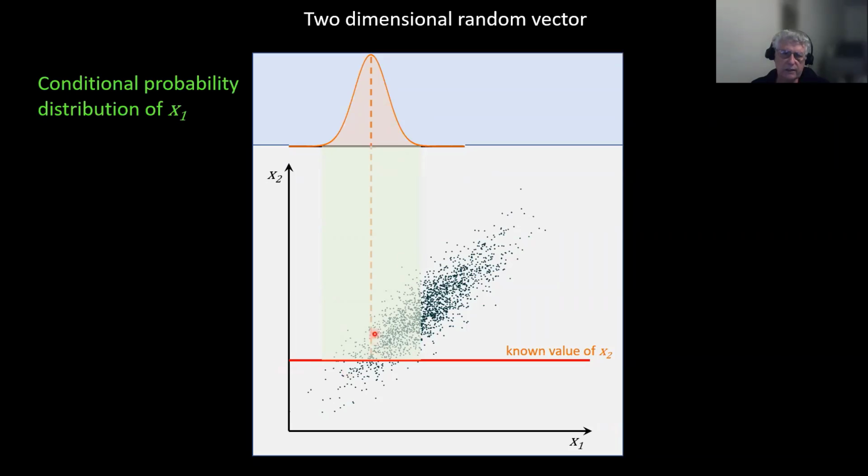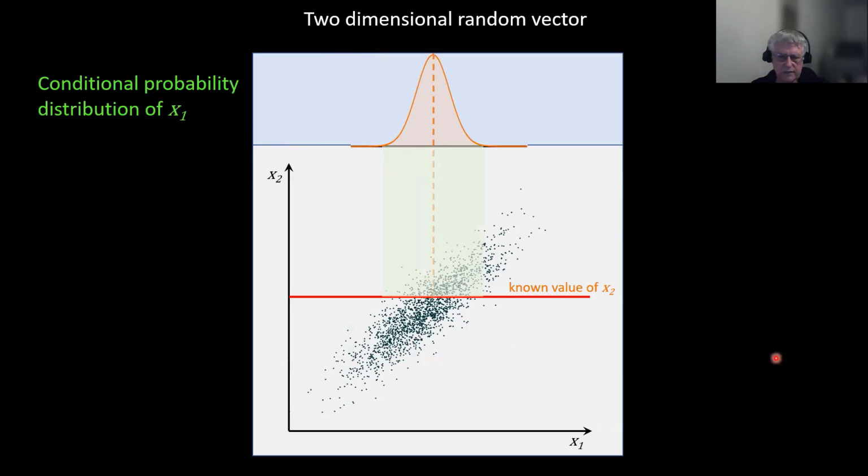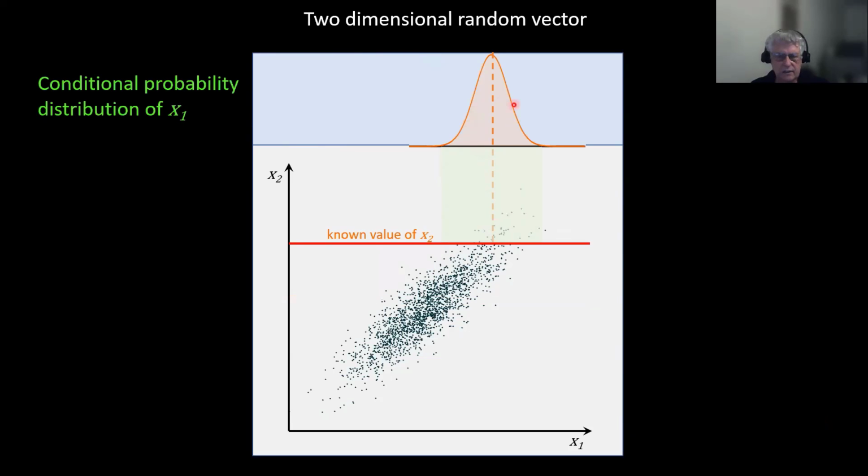So by knowing x2, I now have a conditional probability distribution of x1 characterized by a conditional mean and a conditional standard deviation. The conditional mean varies depending on the value of x2. Because this is a normal distribution, the conditional standard deviation doesn't. But the point here is this conditional probability distribution follows from the fact that x1 and x2 are not statistically independent.